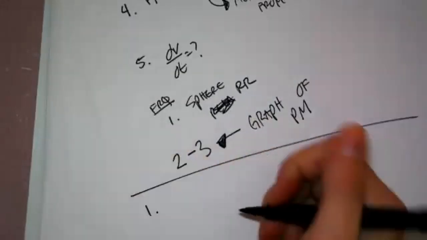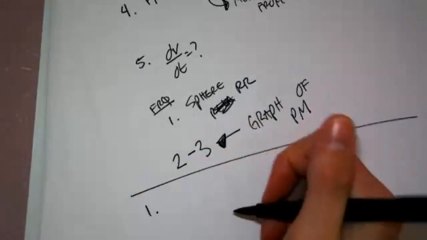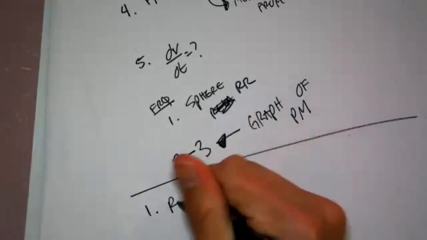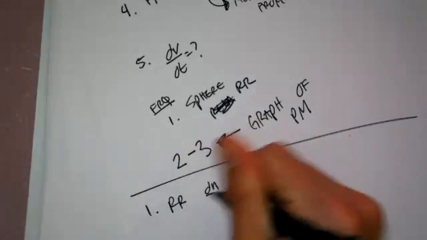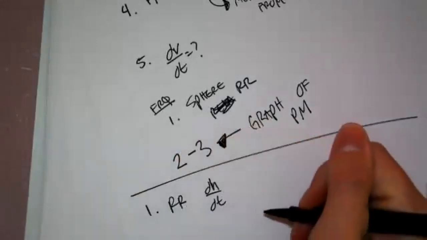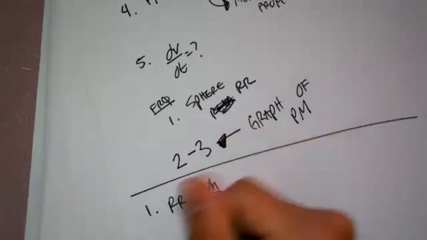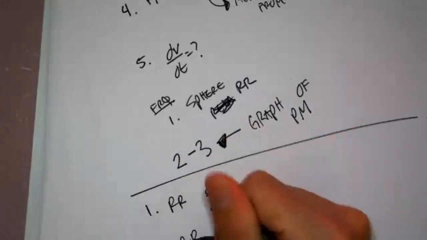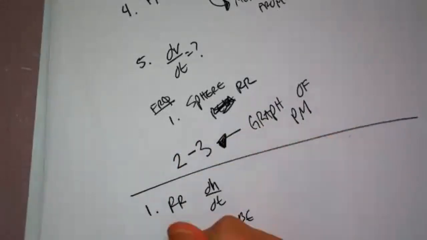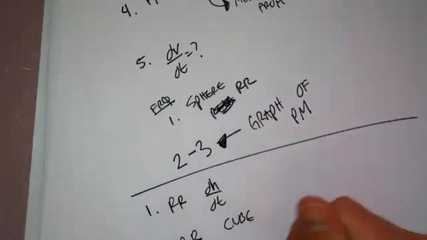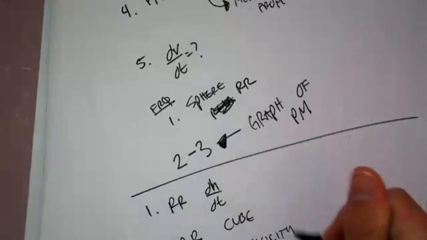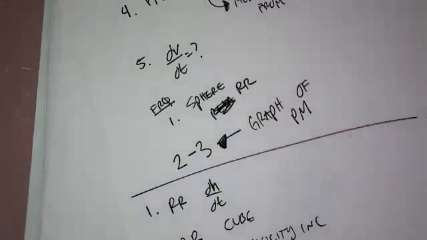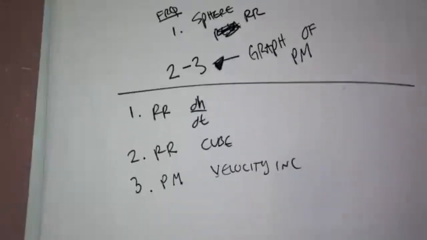All right, so for the non-calculator, we have a related rates where you have to find dh/dt, and it gives you the formula. Then we have a related rates of a cube, which also gives you the formula. Then we have a particle motion where we're asking when the velocity is increasing. You just look at the graph.